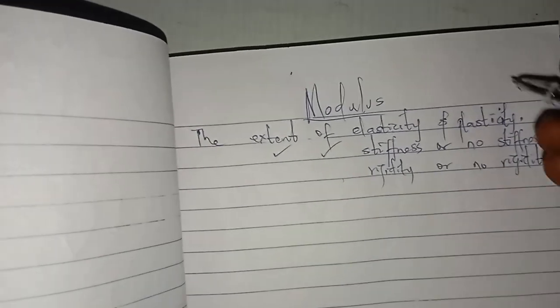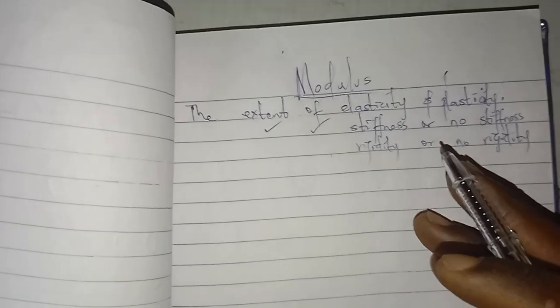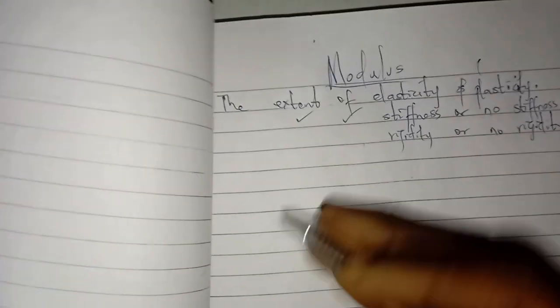I think modulus is better understood when you compare it with stiffness. So if something easily breaks or shows you that it doesn't have much elasticity, you say that the modulus is high.